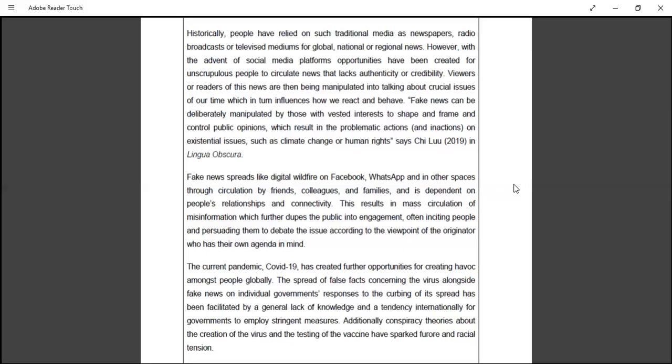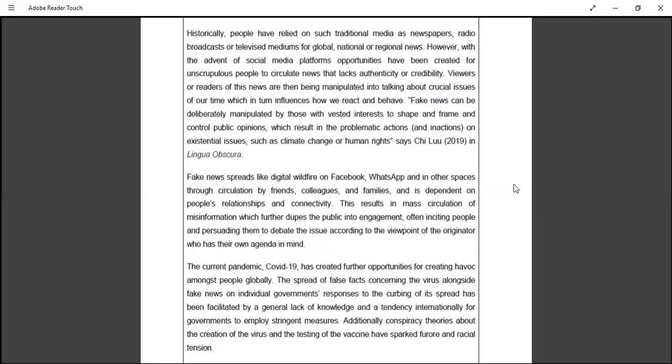This results in mass circulation of misinformation, which further dupes the public into engagement, often inciting people and persuading them to debate the issue according to the viewpoint of the originator who has their own agenda in mind.